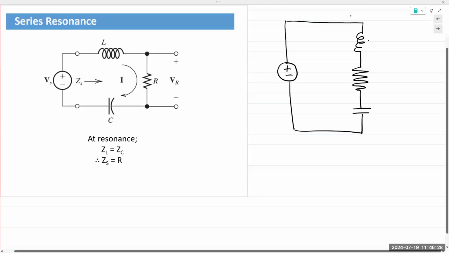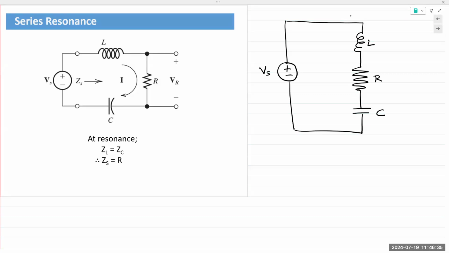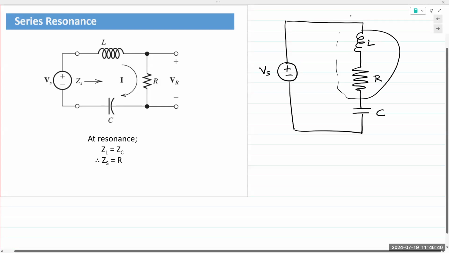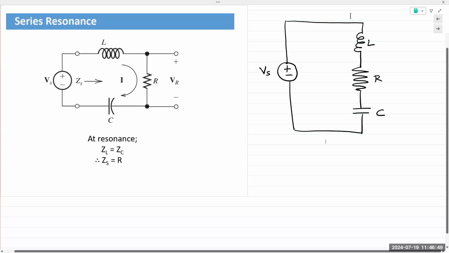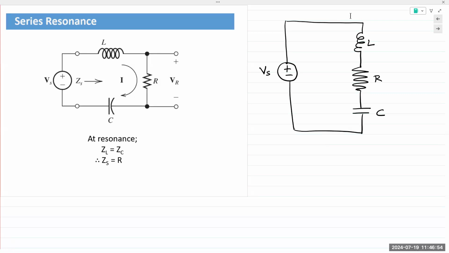So this is L, R, and C. VS or VN, doesn't matter. So it's a series RL filter, or it could be considered as a series RC filter. You combine all of it together. What kind of filter do you expect? Band pass or band reject? Okay, you can get a band pass or a band reject filter.